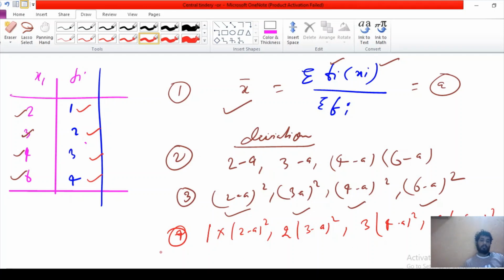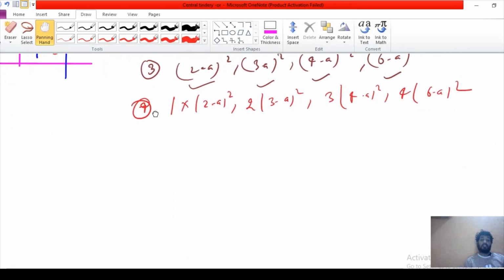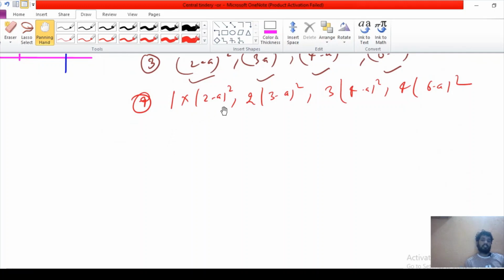Now, what is variance? To find variance, first find what? The mean of the data.